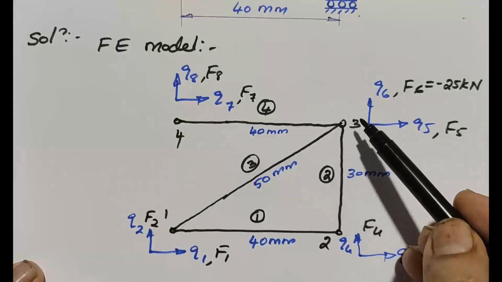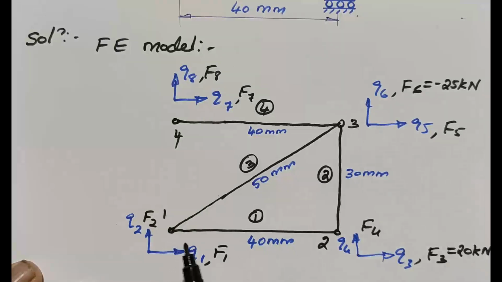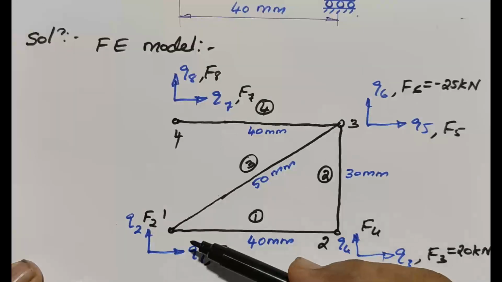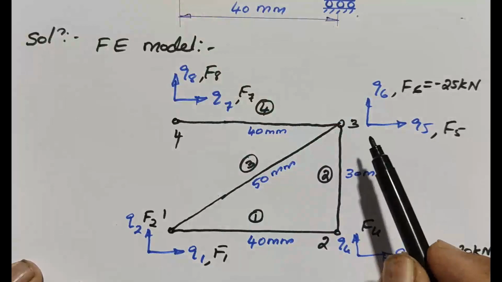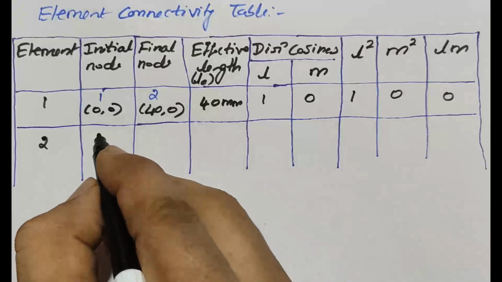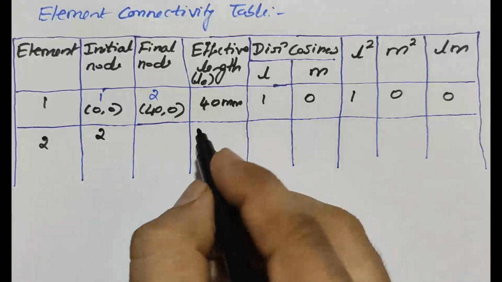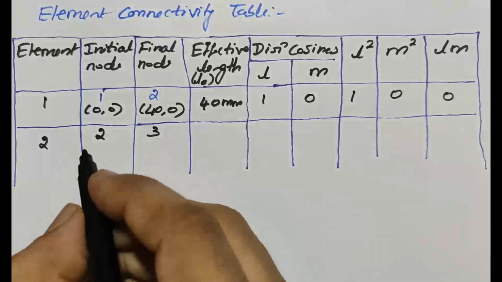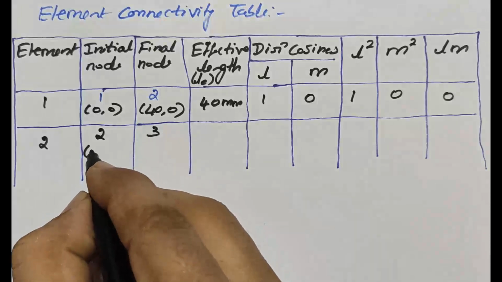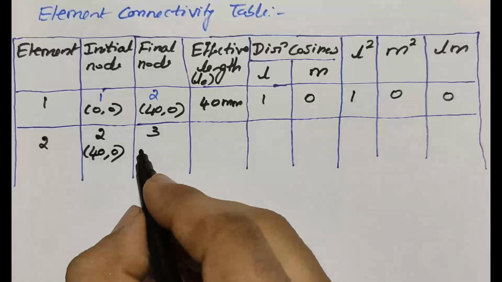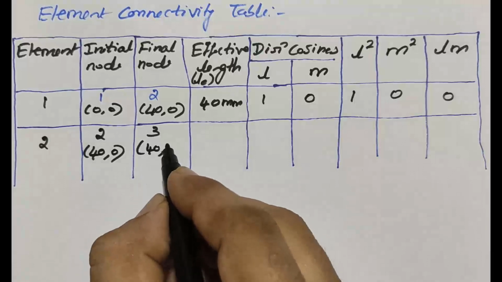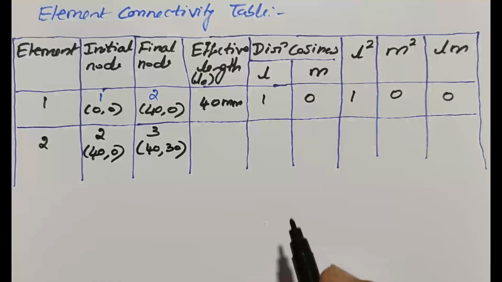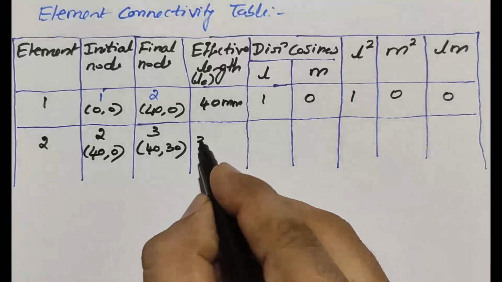And for 3, from here the distance in x direction is 40, in y direction is 30. So it will be 40, 30 for node number 3. Effective length is given, it is 30 mm.